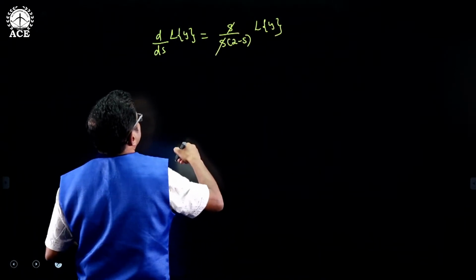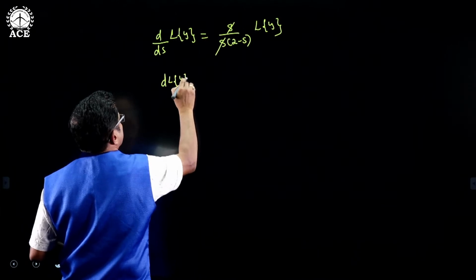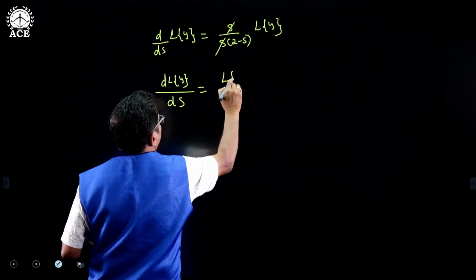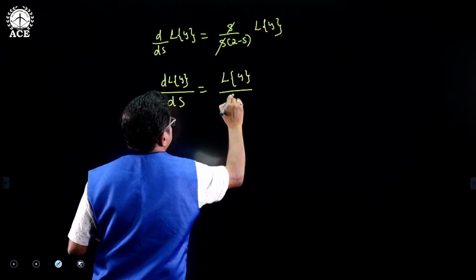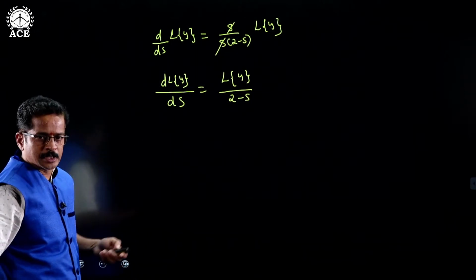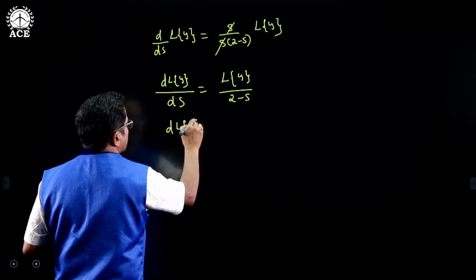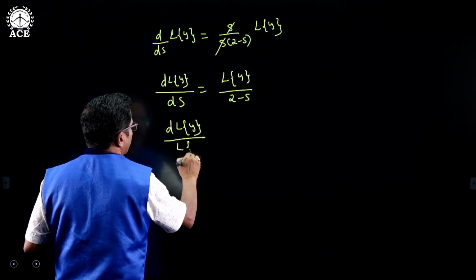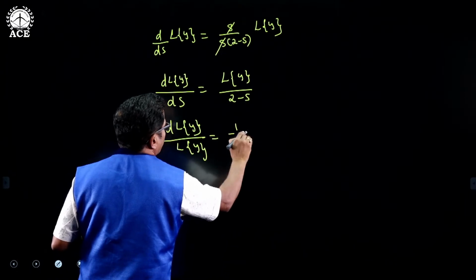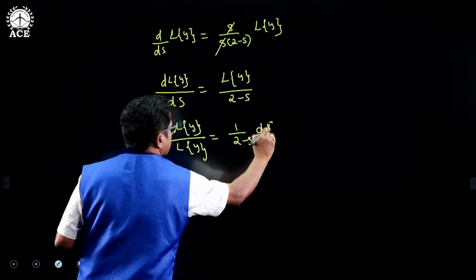S gets cancelled. So d L of y by ds is equal to L of y by 2 minus s you will get. Okay, now apply variable separable formula, means d L of y by L of y is equal to 1 by 2 minus s into ds.